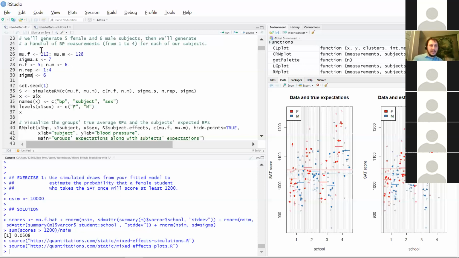Now keep in mind, I'm doing a simulation. In general, you don't know sigma.s, you don't know sigma, you don't know the true expectations. I'm just doing a simulation because I want us to be able to do the fitting and compare to the truth.